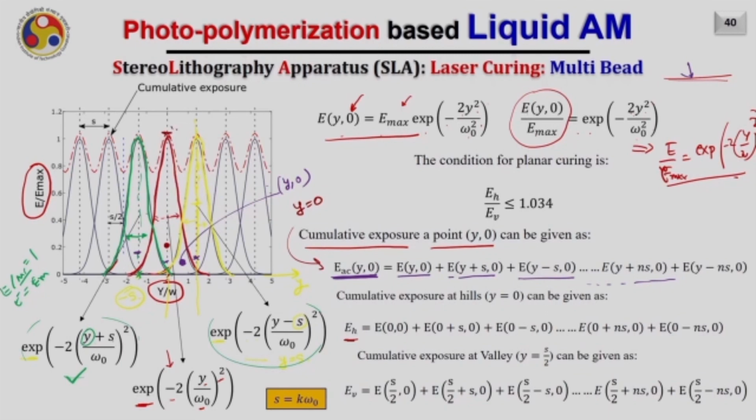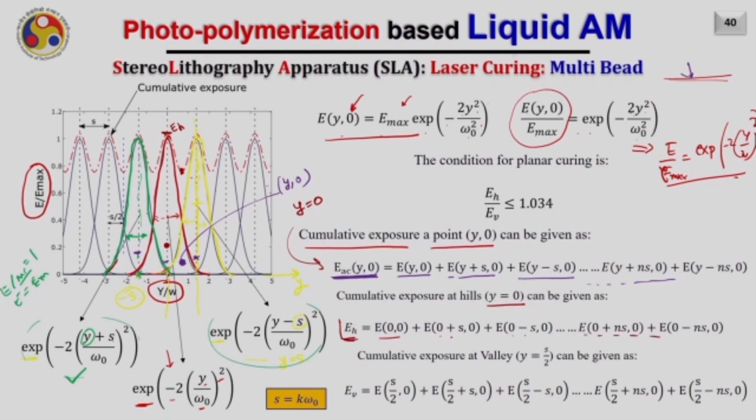This is called EH, energy at hill. And energy at valley will be this one. We will calculate that also. So, EH will be, when y is 0, E(0, 0) plus E(0, s), plus E(0, -s) and so on.